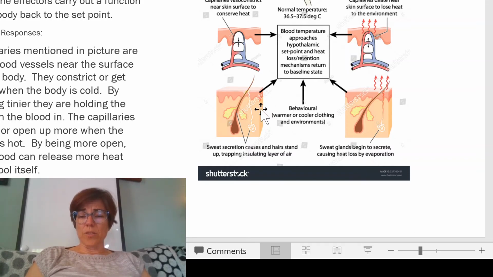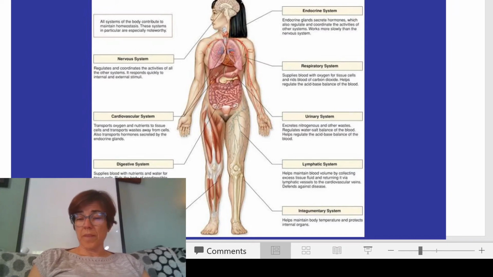So it does say here in this picture, behavioral choices. Some of your choices will be physiological, meaning that the body just does it for you, and some of the responses will be behavioral, things that you can choose to do.